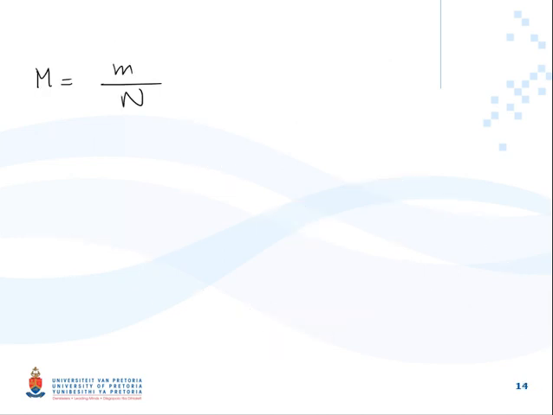But in this case, if we want to write it as a sum, it is sigma of Ni and Mi divided by N. Do you agree?